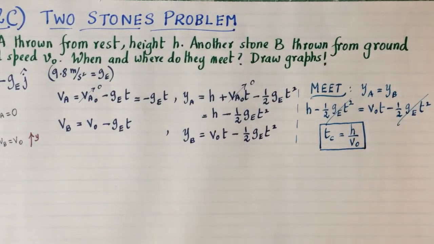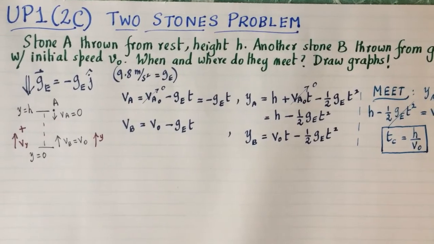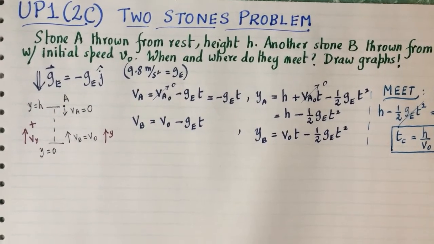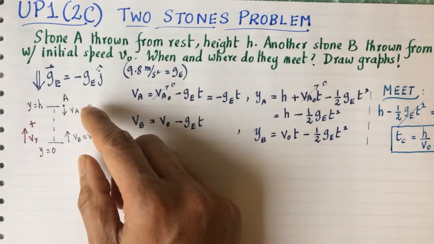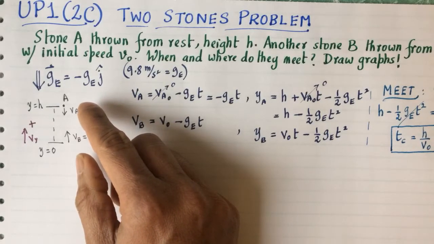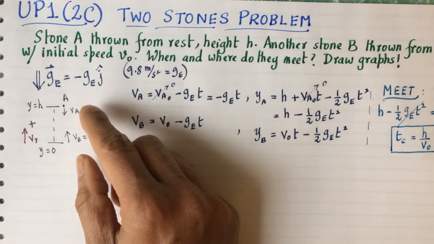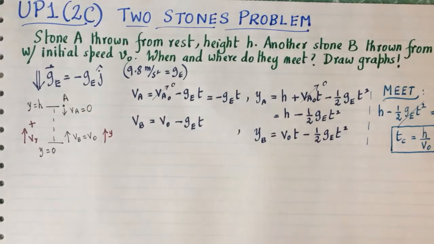Now this can be thought about in a slightly dramatic fashion. Imagine that you're a filmmaker and you're trying to film this two-stone story, and what you do is you jump at the same time as the person drops the stone A. You jump with your camera. Well, then your camera is going to register the stone A as not moving at all, because you are falling at the same acceleration as that stone.